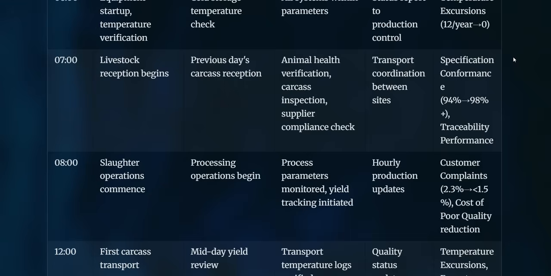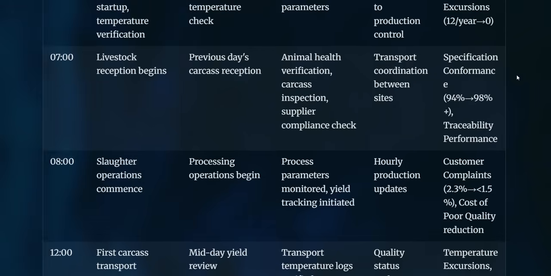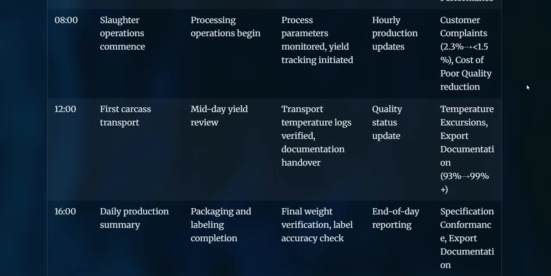Then at 12 midday, at site A, first carcass transport from site A to site B, and then at site B, midday yield review. The control measures here include transport temperature log verification and documentation handover.